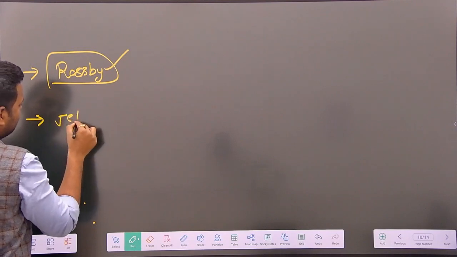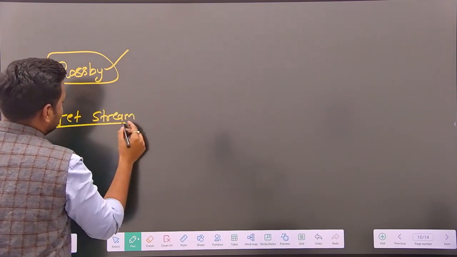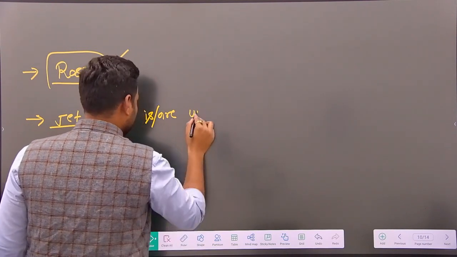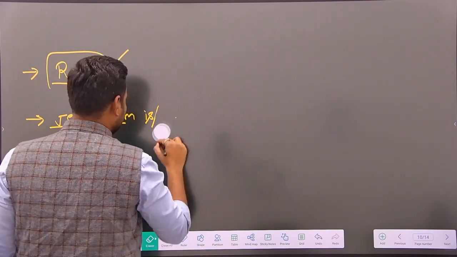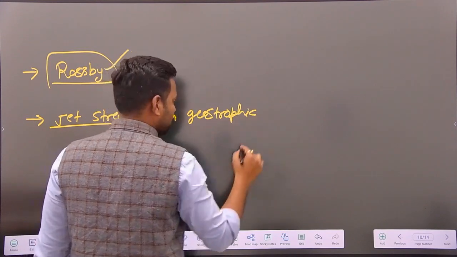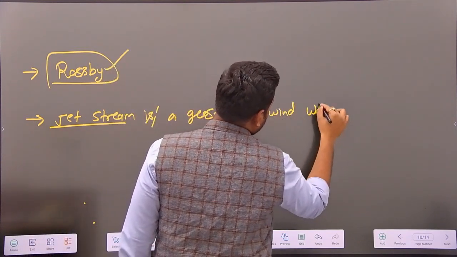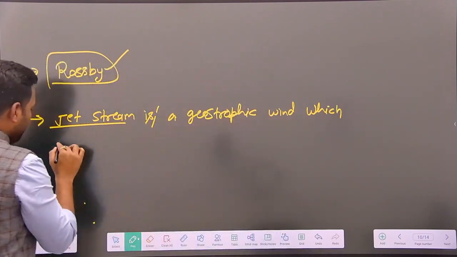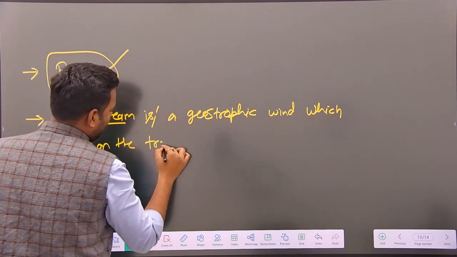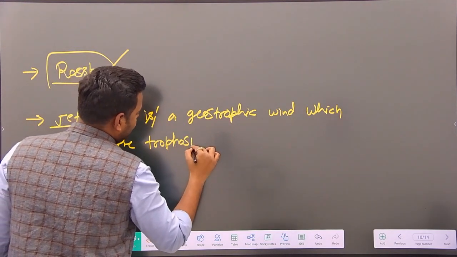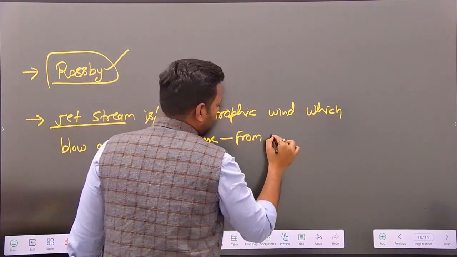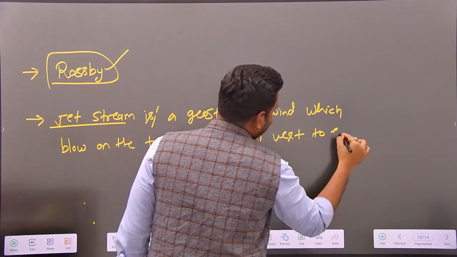The jet stream is a geostrophic wind which blows in the troposphere from west to east.